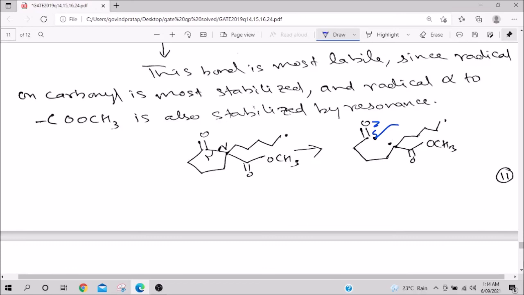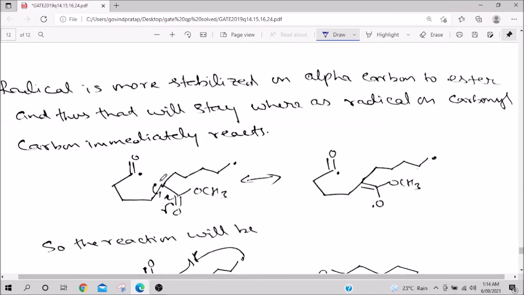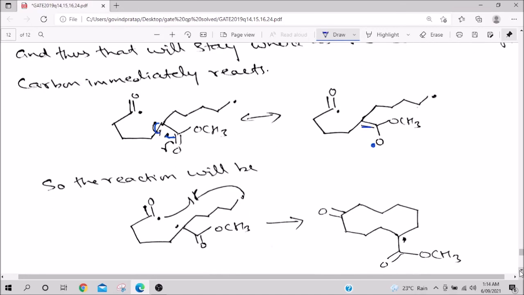So, next what happens is this immediately forms a bond with the pi bond. Why? Because pi bonds are very labile, you know, a sigma bond is always stable, and the pi bond is just next to it. So, immediately it breaks and it forms a double bond here, and you have oxygen with an electron.